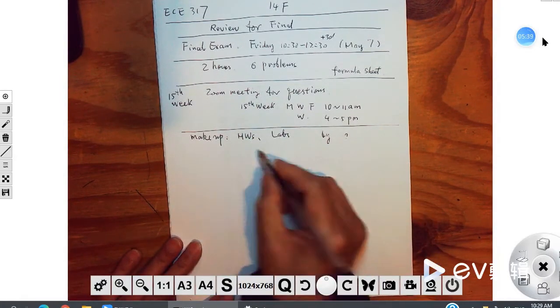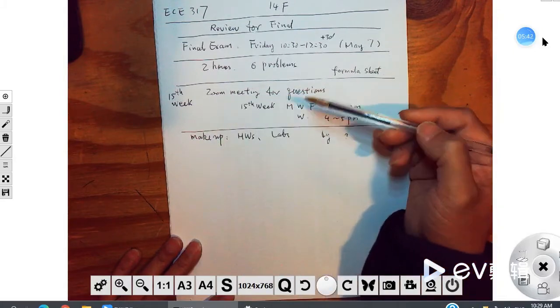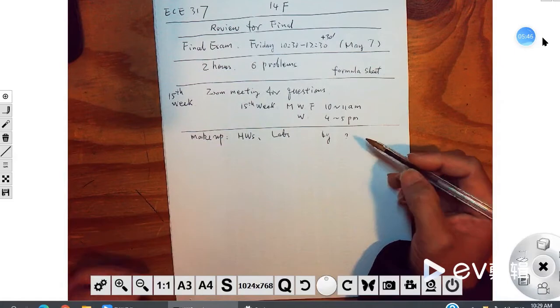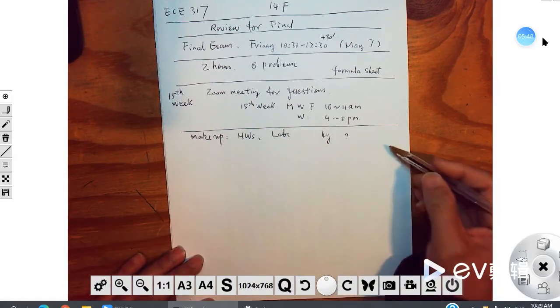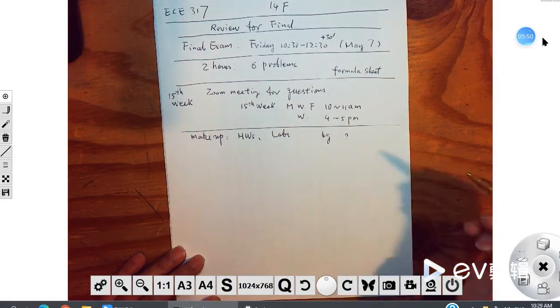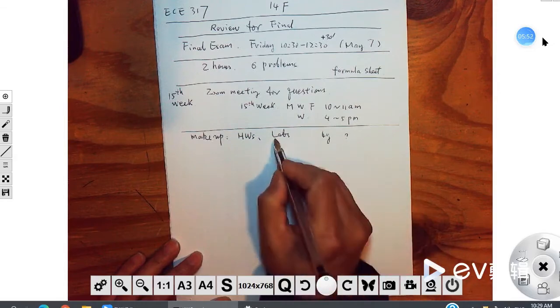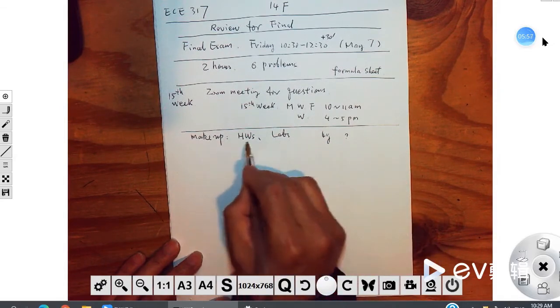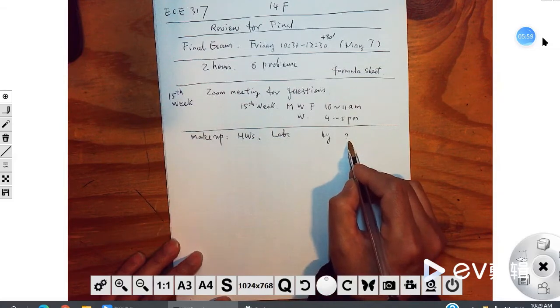After the exam, I need to grade the exam, then calculate the final grade and put it into the grading system. They have a deadline for the whole university, so this also gives you a deadline. You check Blackboard to see that. If you want to make up any of them, do it before that day.